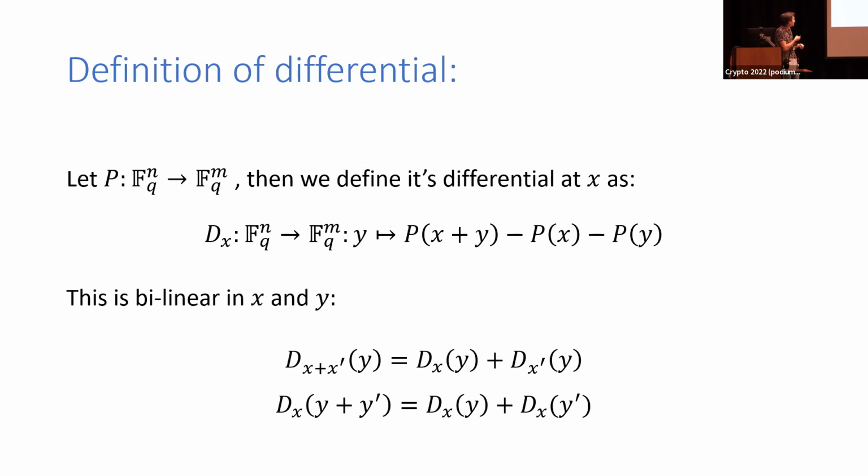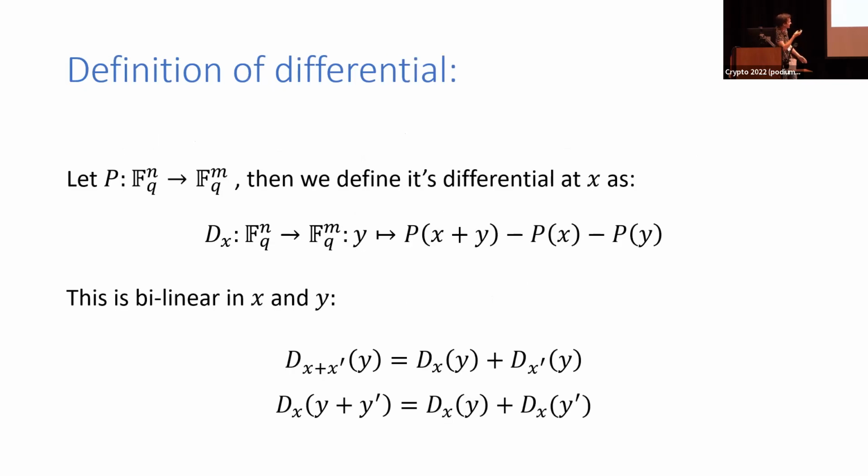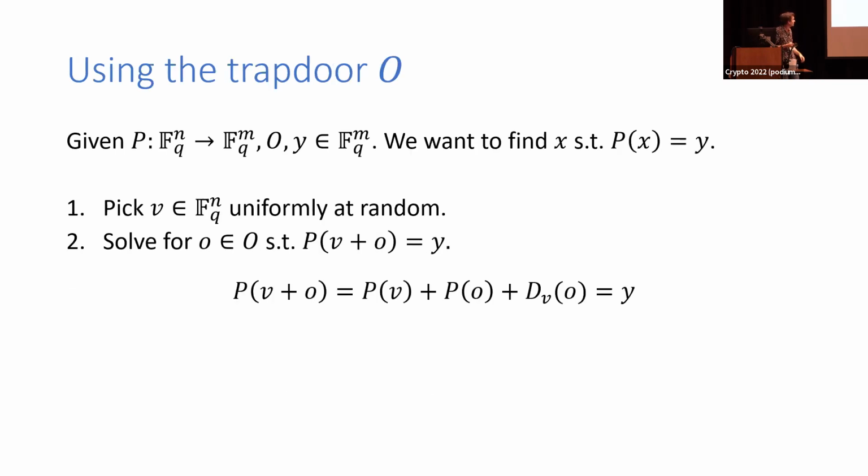I call it d of x, and it's just defined as P of x plus y minus P of x minus P of y. And yeah, you can verify very easily that this is a linear function. It's also linear in the point x, and this is going to be useful to understand how oil and vinegar works, but also for the attacks.